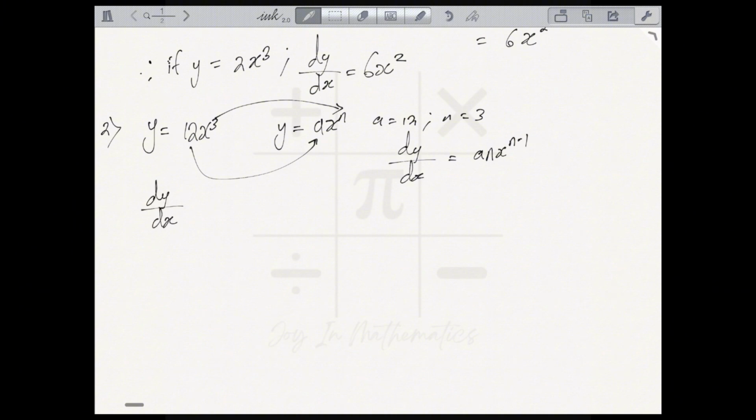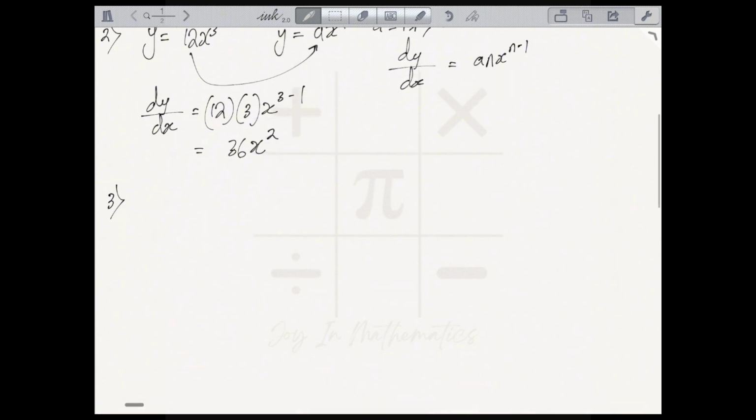Therefore, our dy/dx is equal to a, that's 12 multiplied by 3, multiplied by x to the power 3 minus 1. And 12 times 3 is 36, x to the power 2.